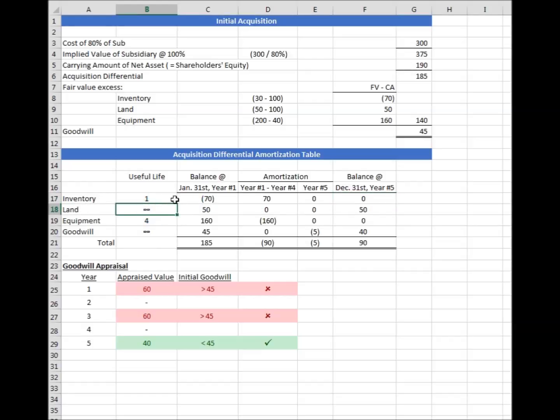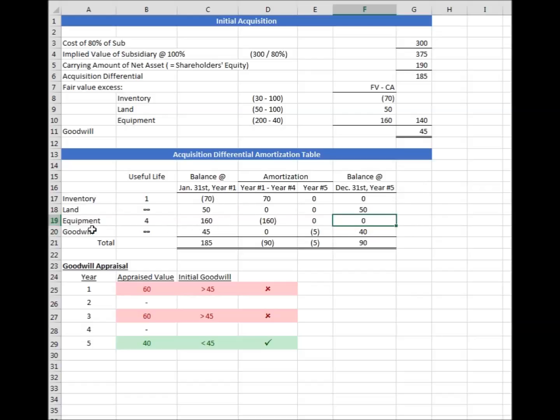Land has an infinite useful life, so 50, and we carry over the 50 all the way over here, so we can't really amortize that. Our equipment has a useful life of 4 years, and it'll be amortized within the 4 years, giving us an acquisition differential value of 0 by the end of December 31st, year 5, on consolidation.